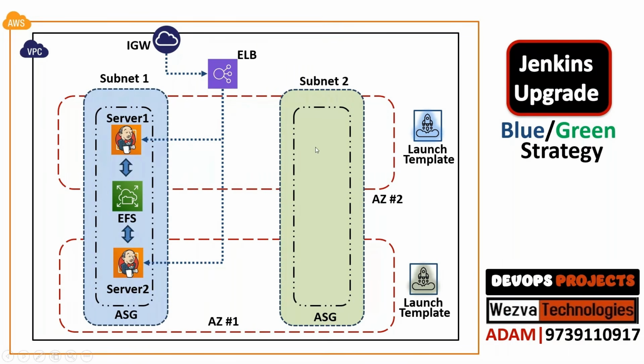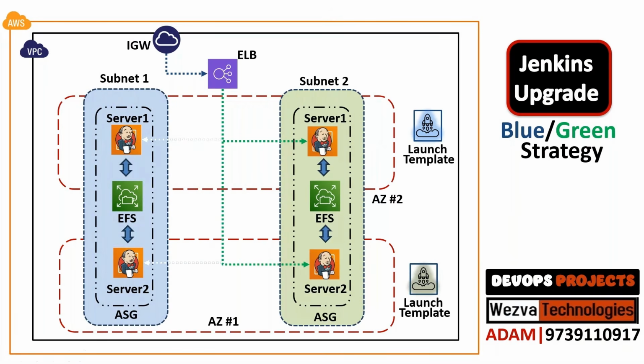Once this is successfully up, you simply switch the traffic. So the blue-green method is not only for when you're upgrading Jenkins, but also when you're scaling your Jenkins, upgrading the server with more capacity, or technically we call it scaling up your Jenkins.